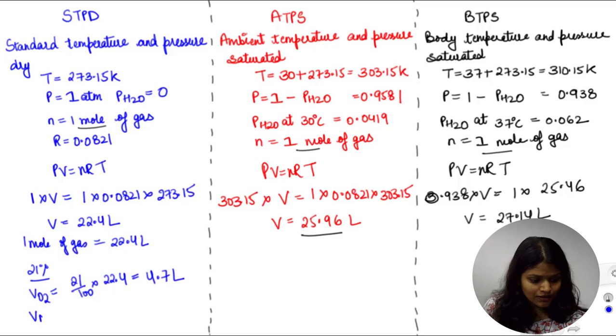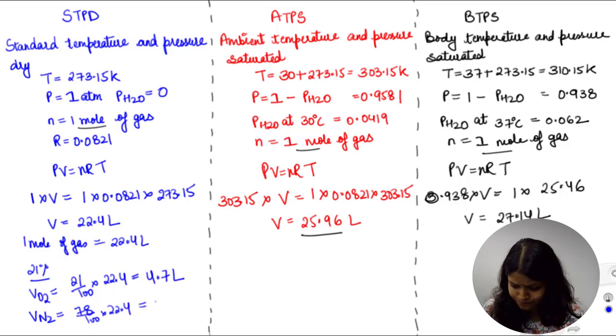Similarly, we can calculate the nitrogen also, which is 78% of 22.4 liters, and this will come as 17.4 liters.